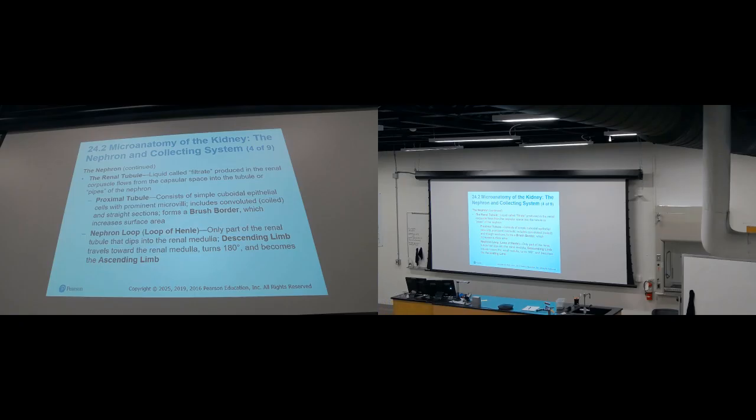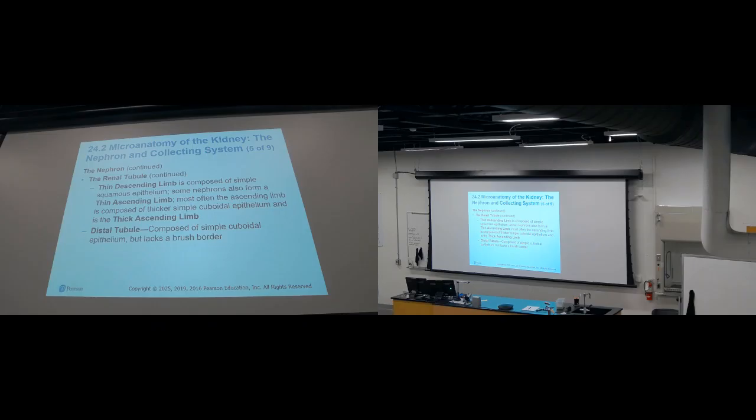And then in the DCT, or the distal tubule, we have simple cuboidal epithelium, and then we still have microvilli, but it's less abundant than the PCT. So in the PCT is where we absorb the most, and then when the fluid goes into the distal convoluted tubule, we can still absorb items if it's necessary.